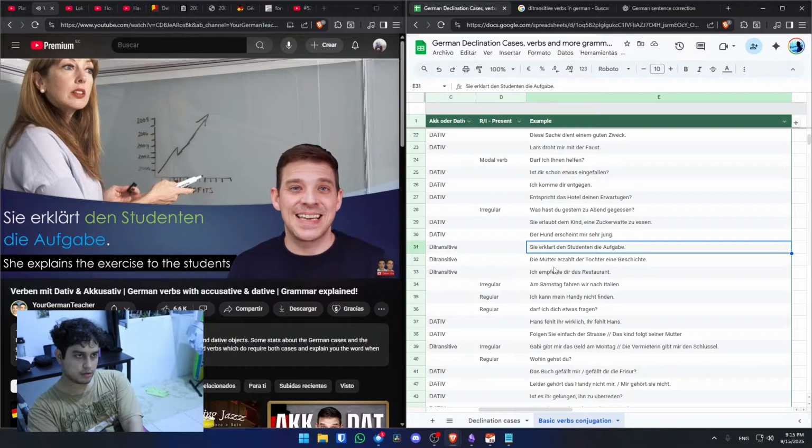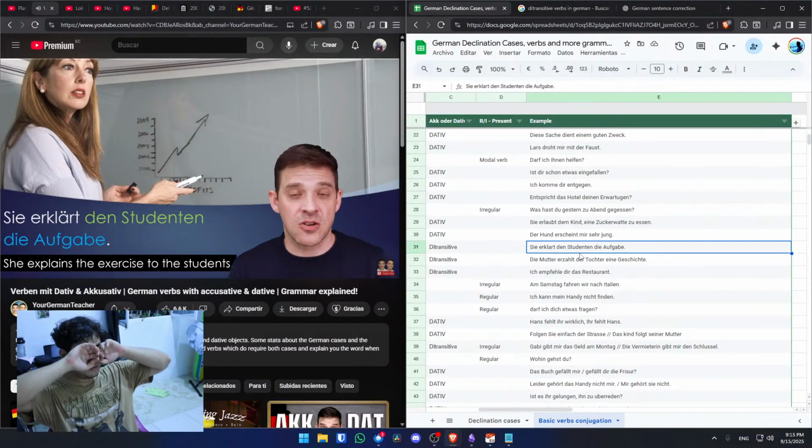Sie erklärt den Studenten, Plural, Dativ, die Aufgabe, Akkusativ.